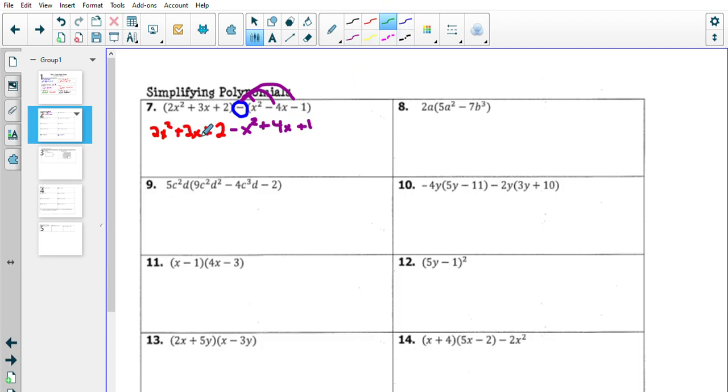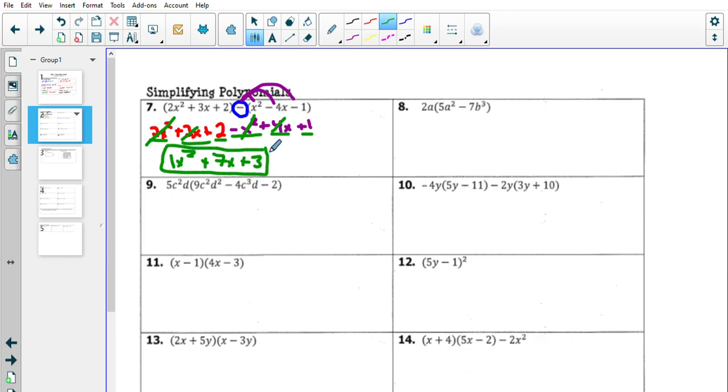And now I don't have any parentheses, and I'm just combining my like terms. I'm looking at my x squareds, 2 minus 1 gives me a 1x squared. Then I look at my x's, 3x plus 4x to give me a positive 7x. And then a 2 plus 1 to give me a positive 3.